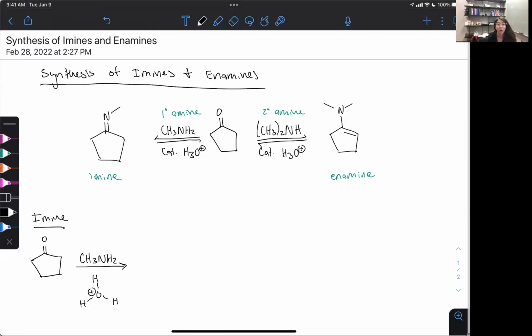Hopefully by now I've burnt it into your brains that if you have an acid, the first thing you should do is protonate something. We think about what is the most basic atom here. That one's pretty good because it's resonance stabilized. So that oxygen is what we're looking for. Let's go ahead and protonate that oxygen.